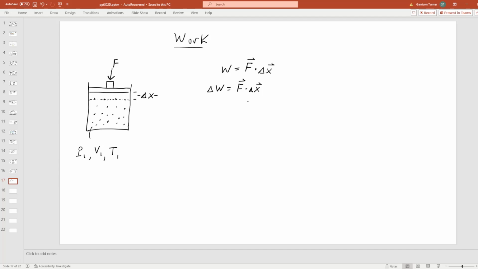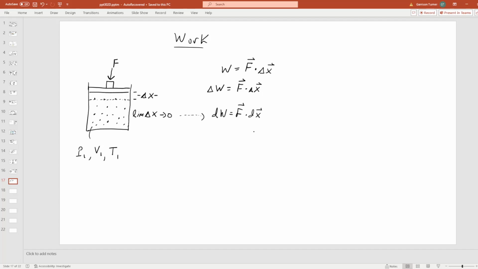They're a quantity of work that was done. But if I think about letting delta x become extremely small, in the limit that delta x goes to 0, then this becomes a derivative, or I really should say a differential.